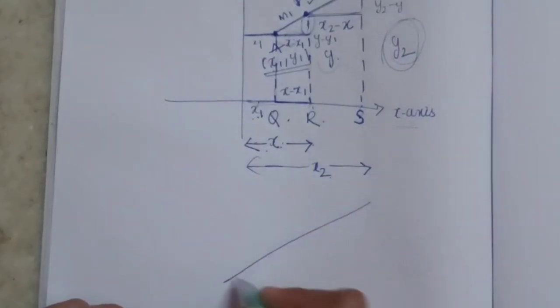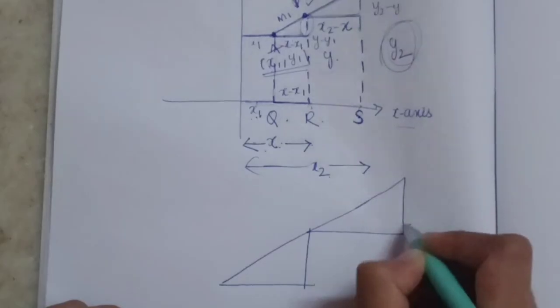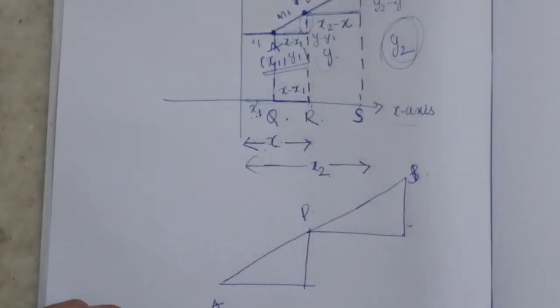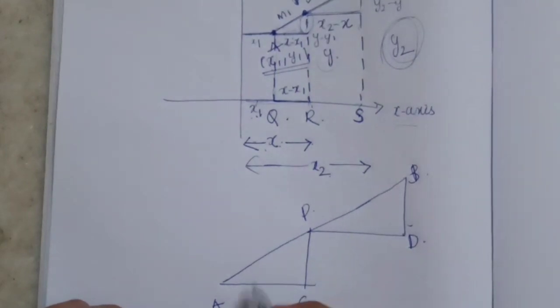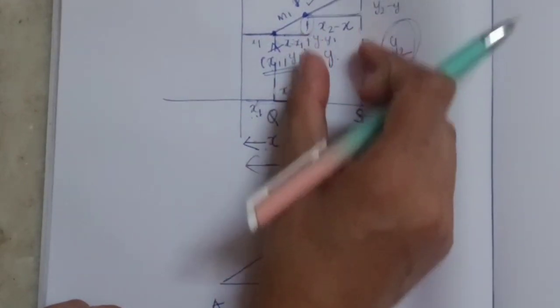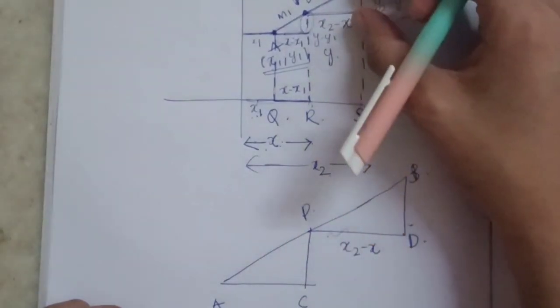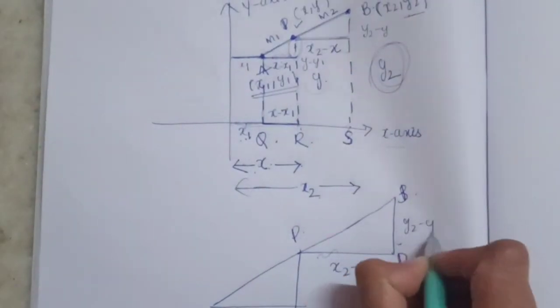So let us zoom in. This point is P, this point is A, this point is B. Let us say this point is some D. What is this length? x2 minus x, and this length is y2 minus y.